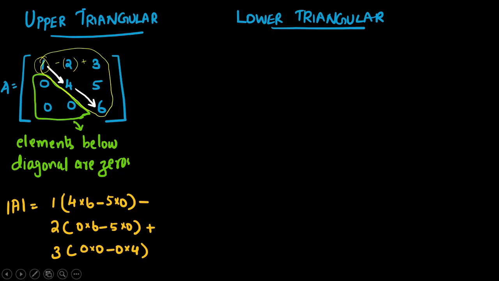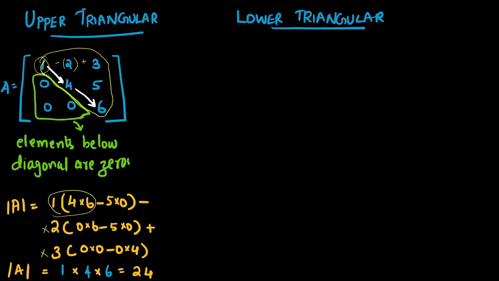Then the determinant of A is equal to 1 into 4 into 6, because all the other terms are 0. This term is 0 and this term is also 0. So the only remaining part is 1 into 4 into 6, and that is 24.